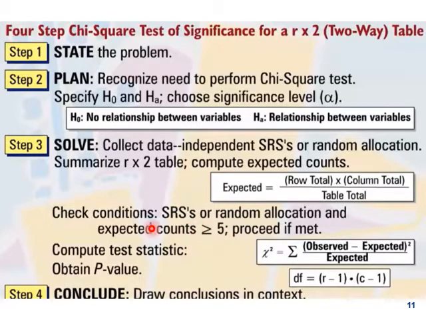Both conditions should be followed; if not, we are not going to proceed with the chi-square test. Then we calculate the test statistic, obtain the p-value, and lastly draw the conclusion.